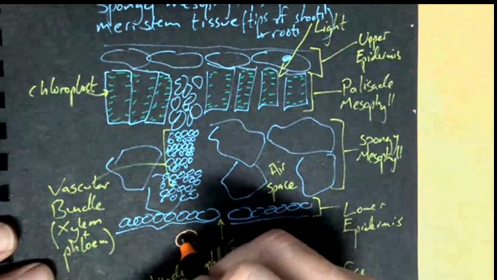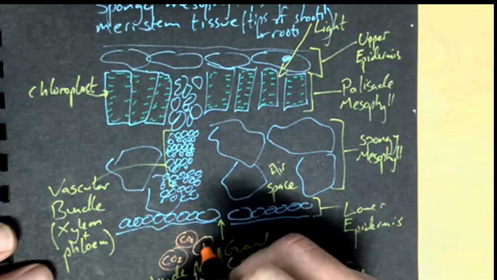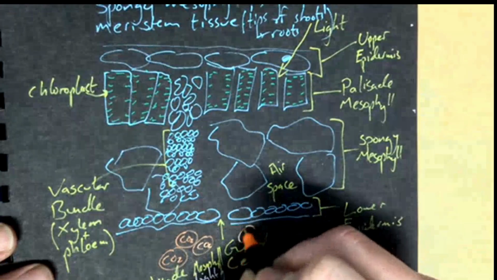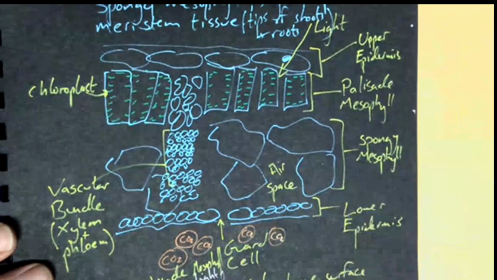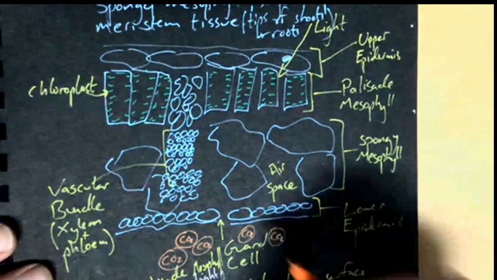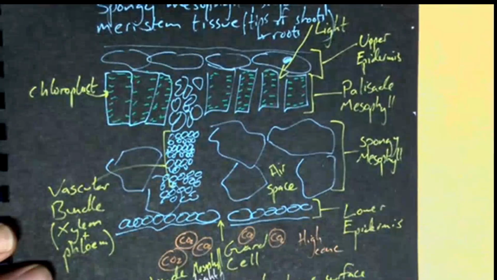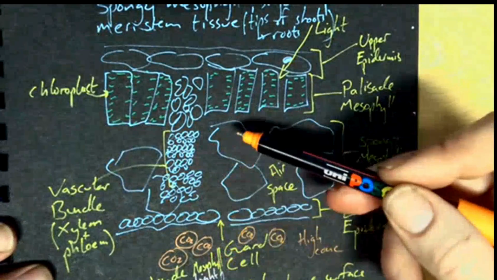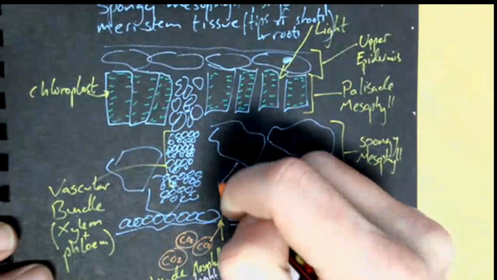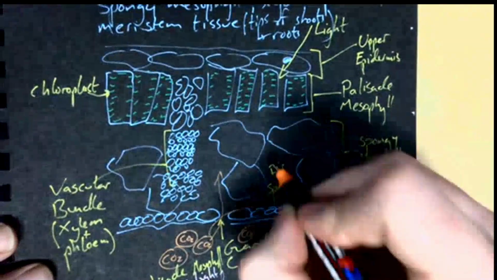We're going to have CO2 in high concentration outside the leaf, in the atmosphere. It's going to diffuse from a high concentration to a lower concentration, into the air spaces.